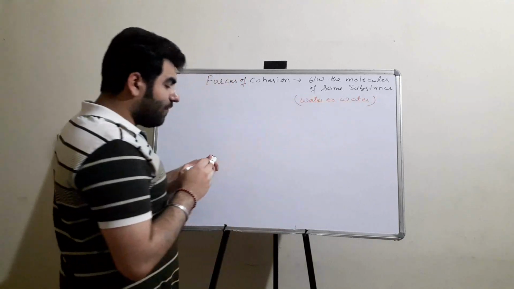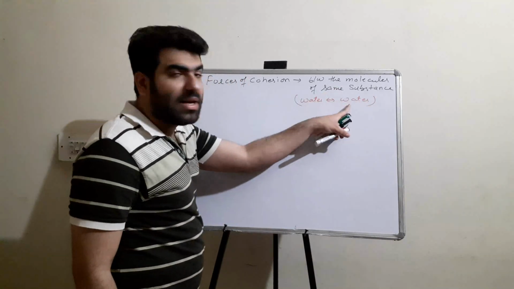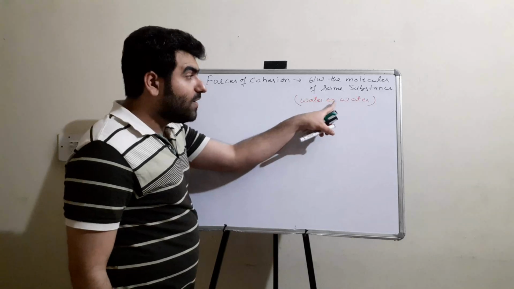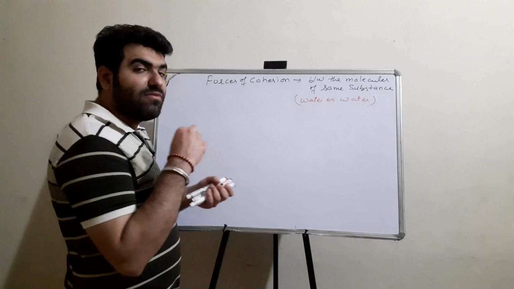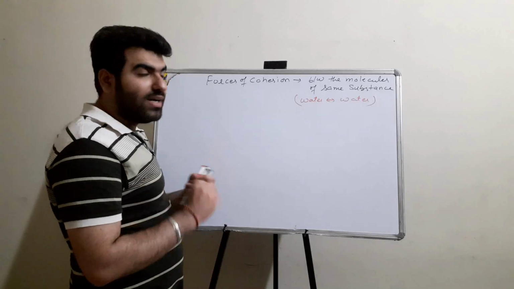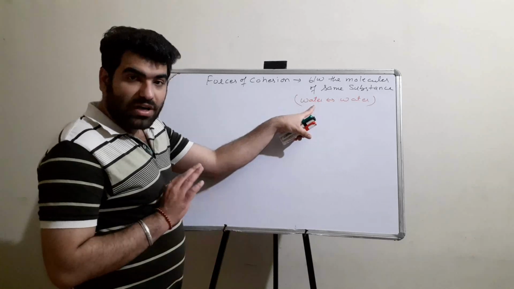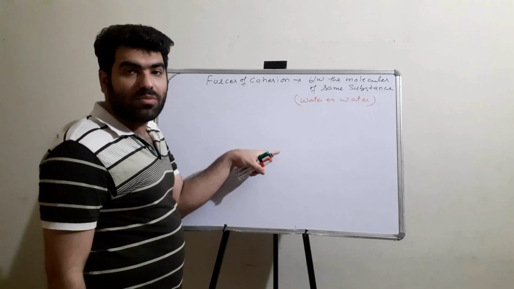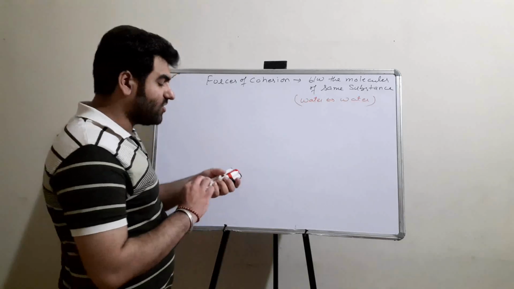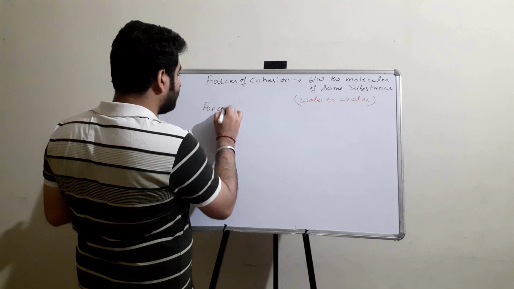The water will attract the water, or force the water to come along with it. So if one molecule of water is moving in one direction, the other water will be pulled by the other water molecules. Each and every water molecule is pulling the other water molecule to move in the same direction. Next is the forces of adhesion.